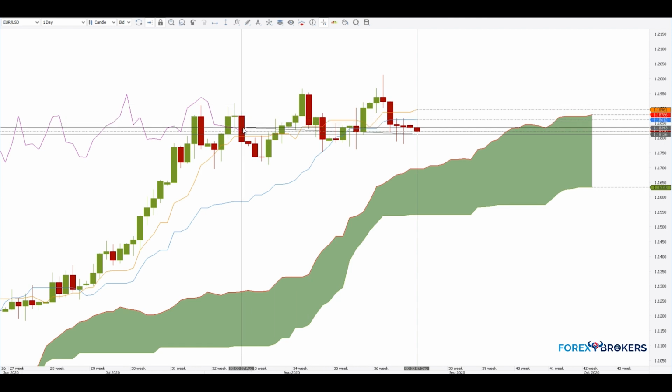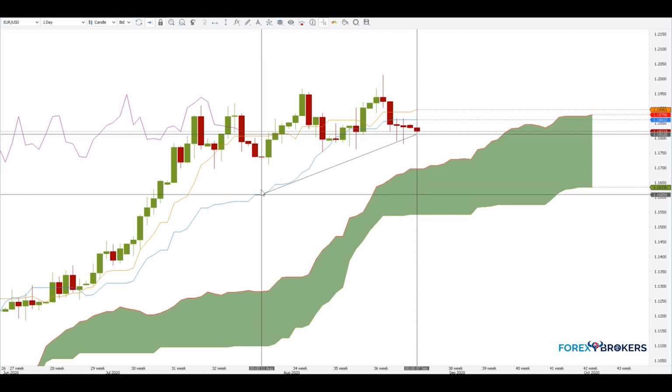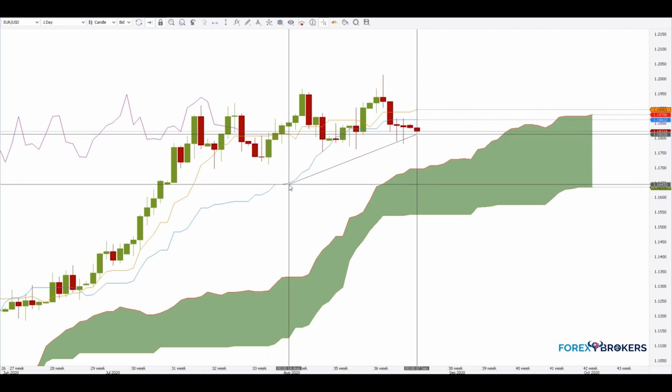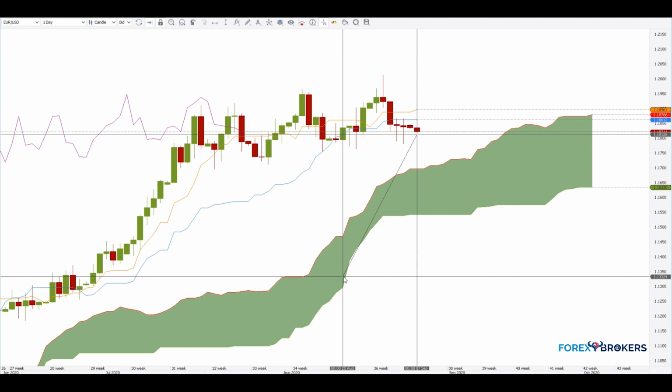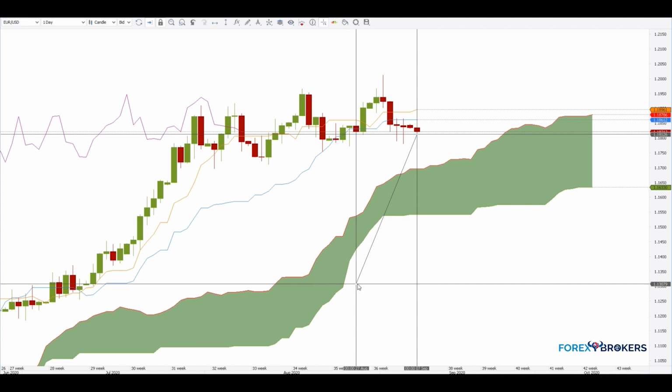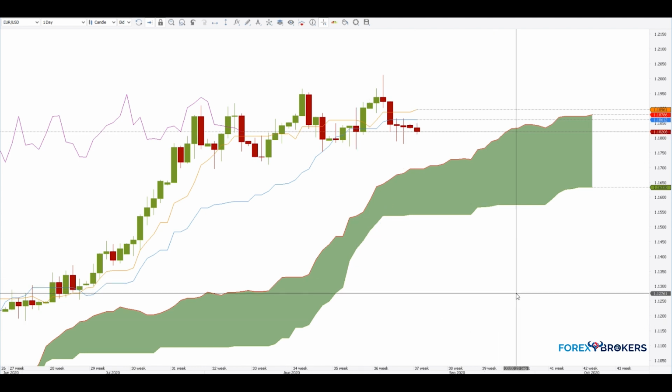And besides the Kinko and the cloud, there are also two averages, the Tenkan and the Kinjun lines, and they act as signal generating lines. You will see in the second video, dedicated to this article, how to use the Ichimoku Kinko Hyo.